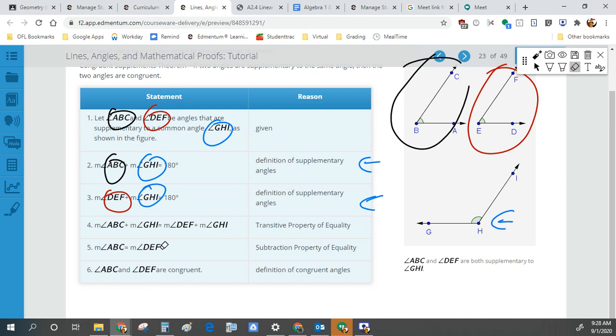And then because of that, we can say that these two angles are congruent, or that the measurements of these angles equal each other. That's one important thing. If we're talking about this, we're talking about the measurement. Measurement is a number. We're saying two numbers equal each other.